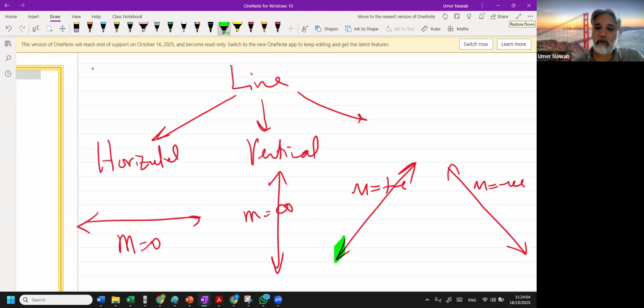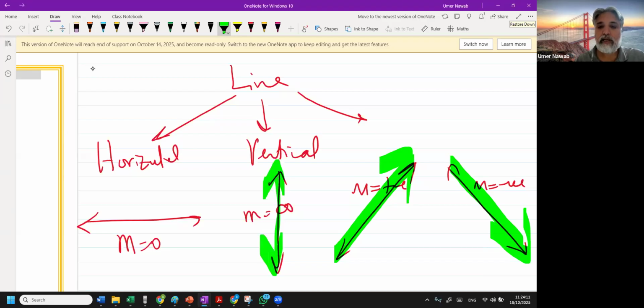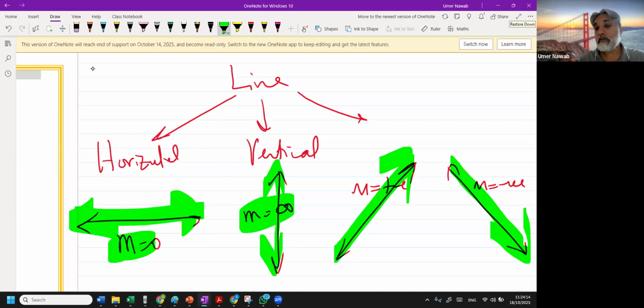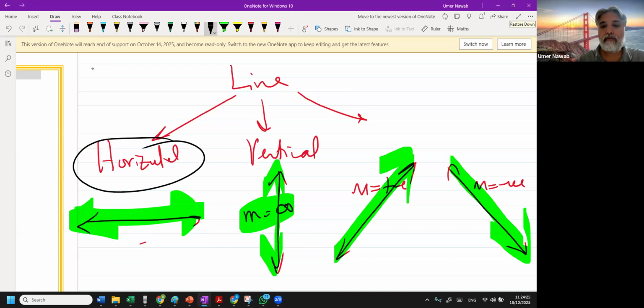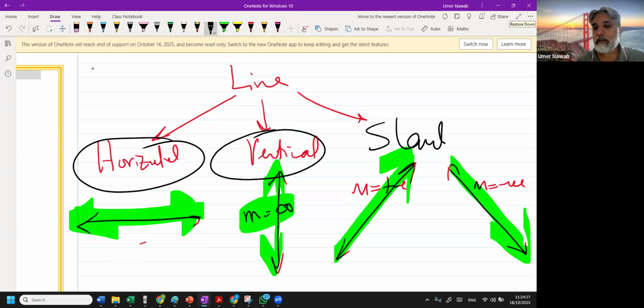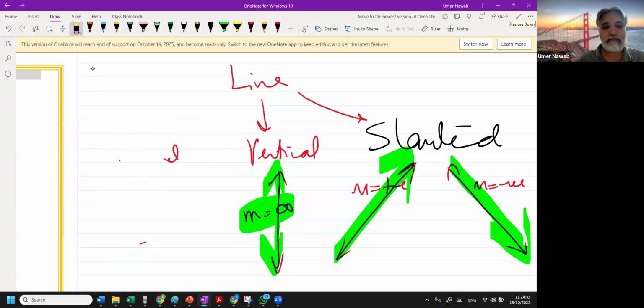When someone is going up, the gradient is positive. When someone is going down, the gradient is negative. But if there is a vertical line, the gradient is infinity. If there is a horizontal line, the gradient is 0. So be careful. You must have information about the three types of line: horizontal line, vertical line, and slanted line. A slanted line can be with a positive gradient or with a negative gradient.